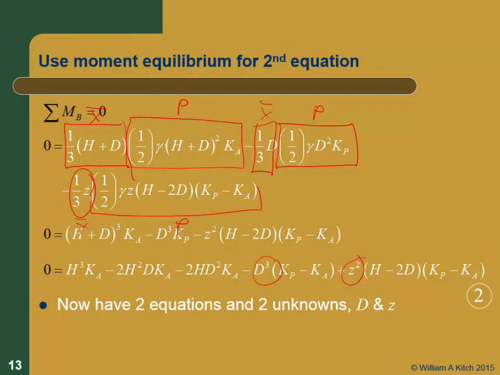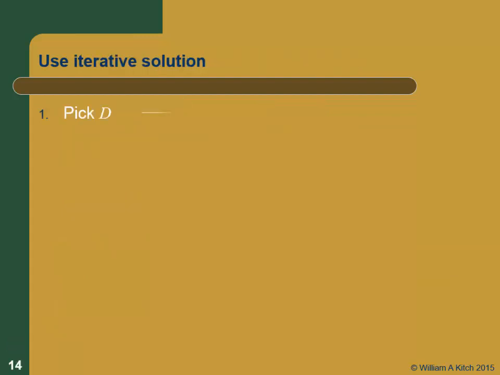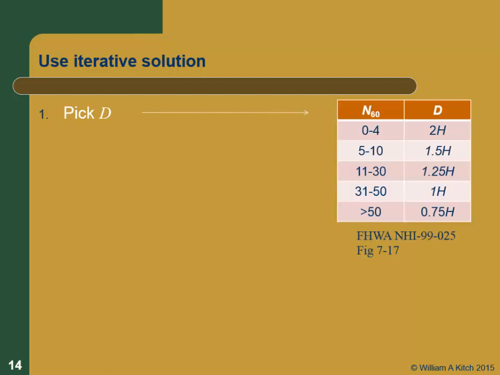So now I have two equations and two unknowns, D and Z, but you've got a cubic in D and a squared function in Z. So the easiest way to do it is to use an iterative solution. What we usually do is pick a D. There's some guidance, which comes from the 99 FHWA manual.